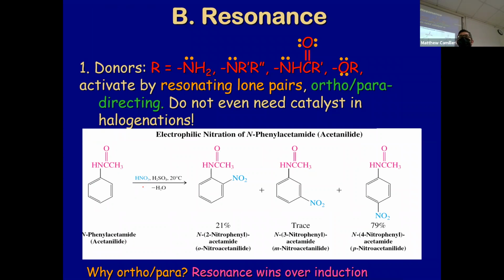So let's say we have resonance forms, and we have a similar situation. You want to add the nitro group. You have an amide, and you want to see what's going to happen. The numbers here correspond exactly to what we said before, where ortho and para, with para being a lot more abundant.